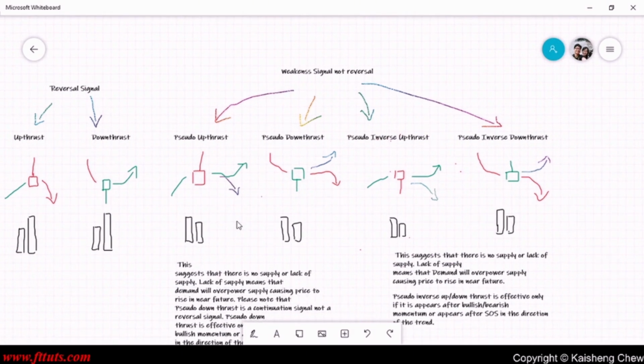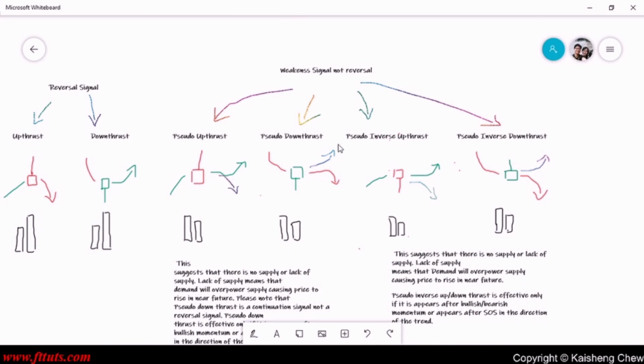Okay, let's say this one is divided into 4. Here is an upthrust, downthrust, but here we have 4: pseudo upthrust, pseudo downthrust. What's a pseudo upthrust? It seems like an upthrust, but the volume is fake, pseudo. Lower volume. This downthrust should have high volume, but it's pseudo, low volume.